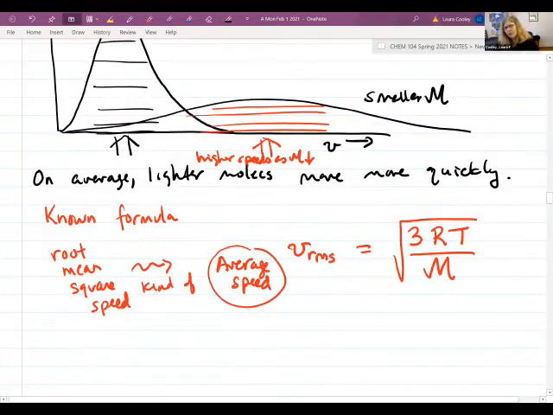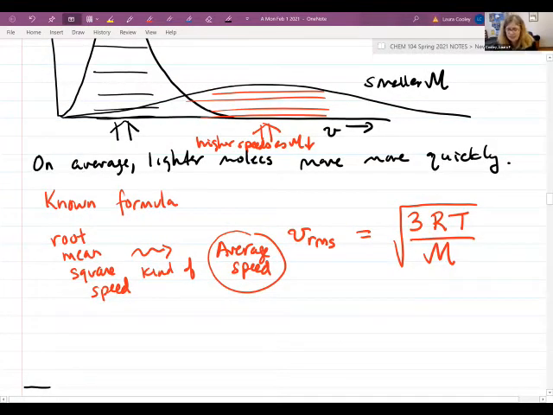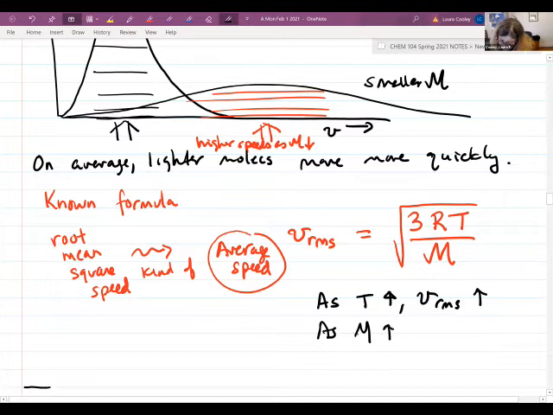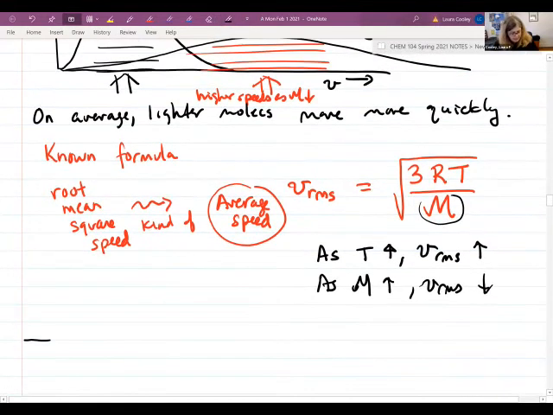It's a very well-known formula, and we actually used this formula in lab last week. You can see from this formula that as the temperature increases, the root mean square speed goes up. And as the molar mass increases, the root mean square speed goes down, because molar mass is in the denominator.